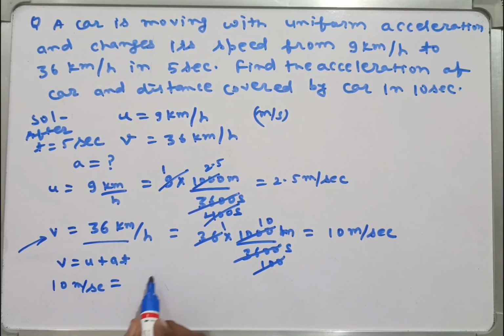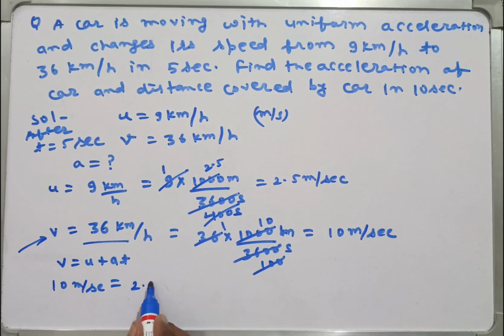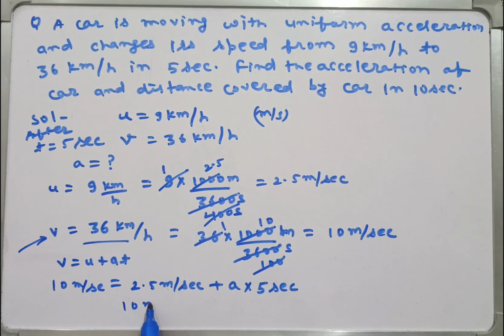Then again initial speed 2.5 meter per second, plus a, and time elapsed is 5 seconds. One thing you notice, I am writing the unit. Why?